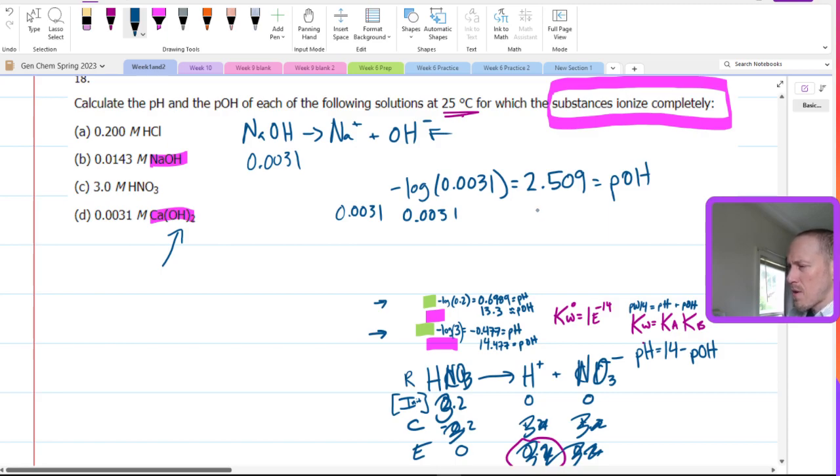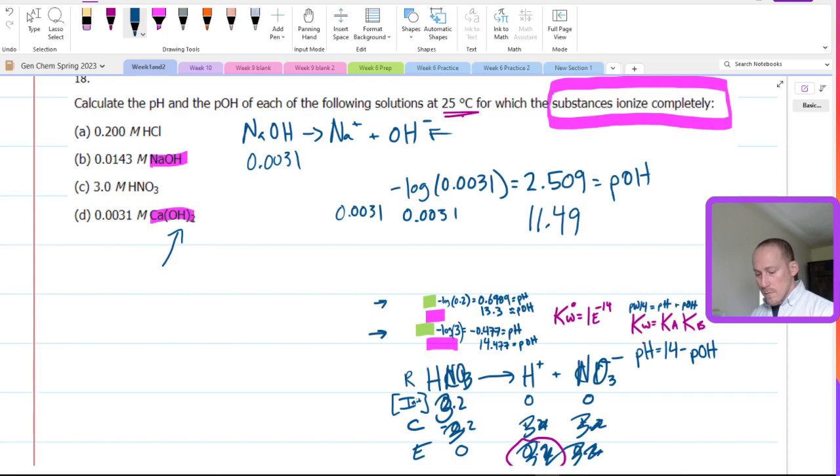I think I used the wrong preposition in that sentence, but that's okay. So in this case, we are looking at 11 point, basically 0.49, right? Yeah, cool. Equals the pH.